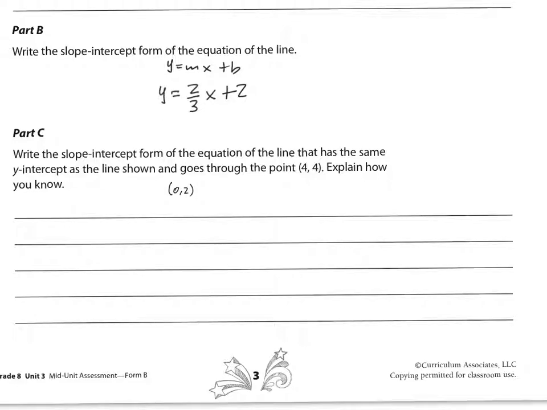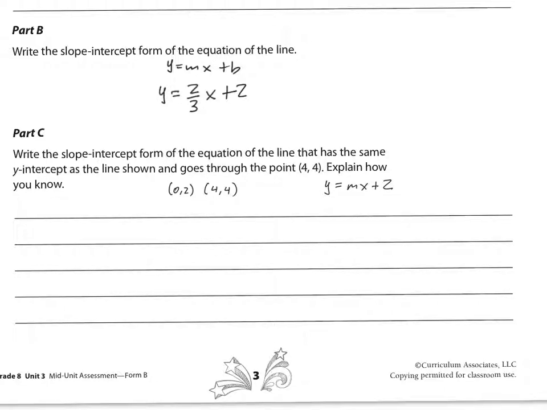That is the same y-intercept. And we're going to have the point 4, 4. The only thing you need to do is find the slope. We already know that we have y equals mx plus b. In this case, our intercept is 2 because it has the same y-intercept.